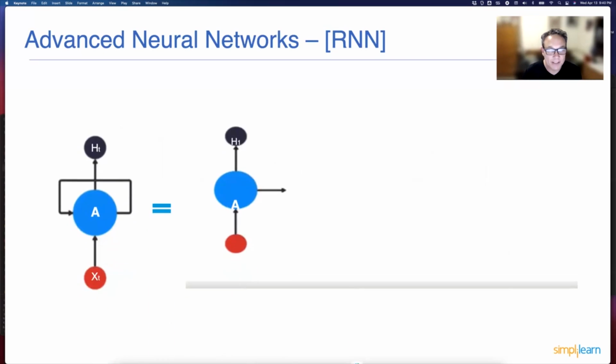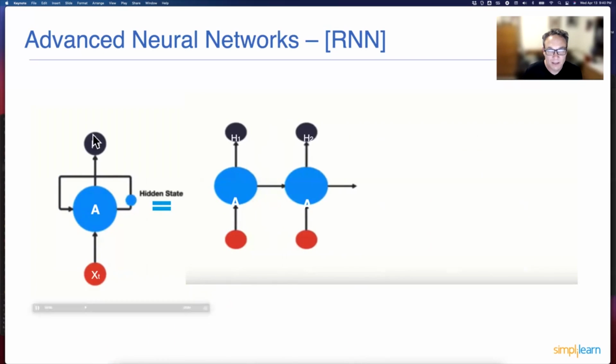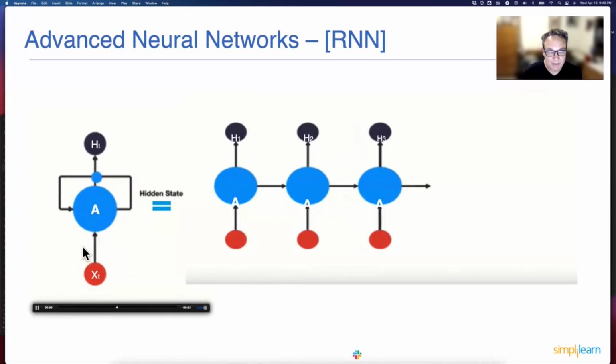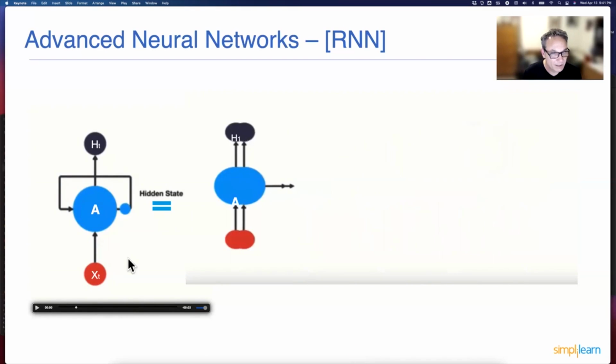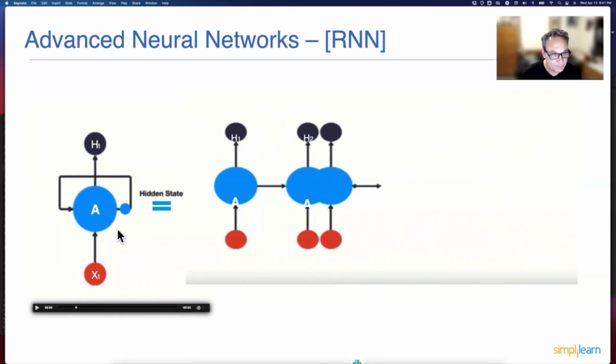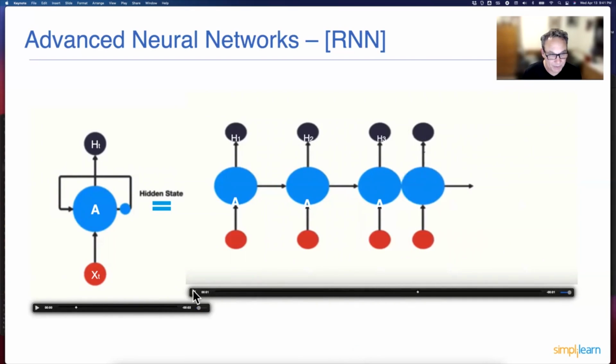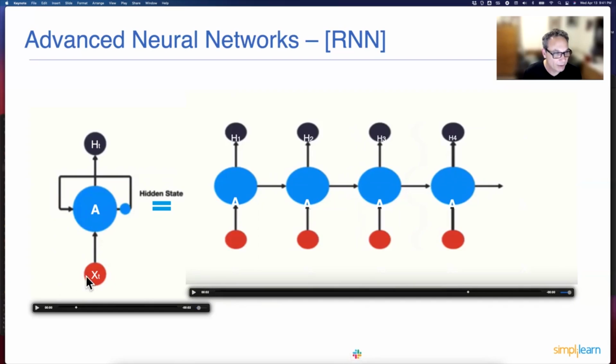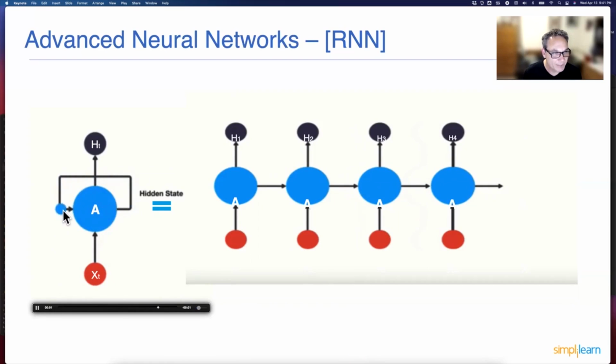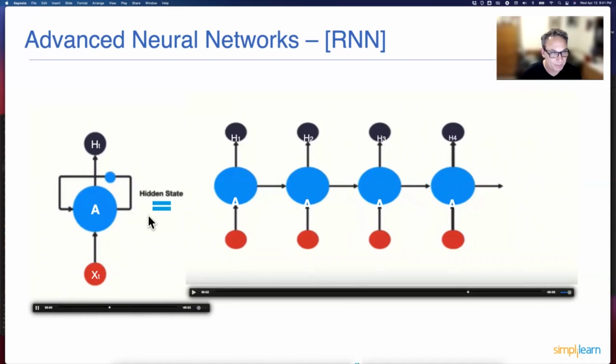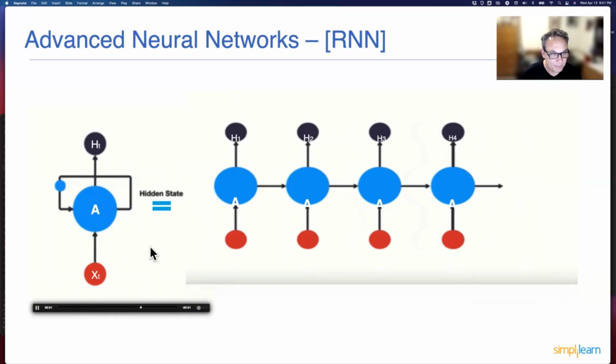So RNN, recurrent neural network. I'll just run this one. It takes the output and puts it back to the input or to the next one. What you do with recurrent neural networks is you have a time aspect or an order aspect stored in it.